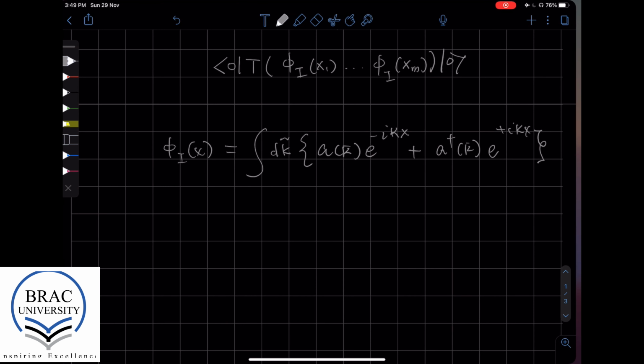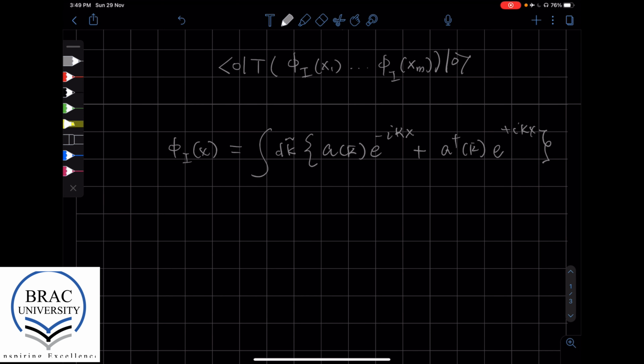So here, the first term has the annihilation operator and the second term has the creation operators. And we're going to write this as two different terms. So the first term I will call phi I plus of x, and the second term will be called phi I minus of x.